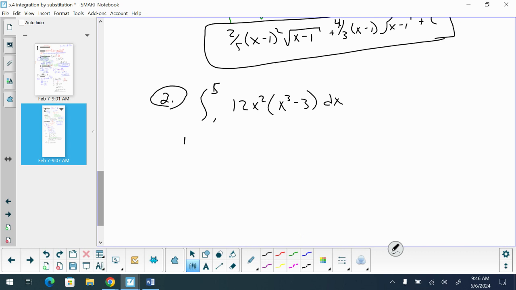Once again, if we let u equal this x squared minus 3, du over dx equals 2x. Dx is equal to du divided by 2x. This dx tells us our x intervals from 1 to 5.